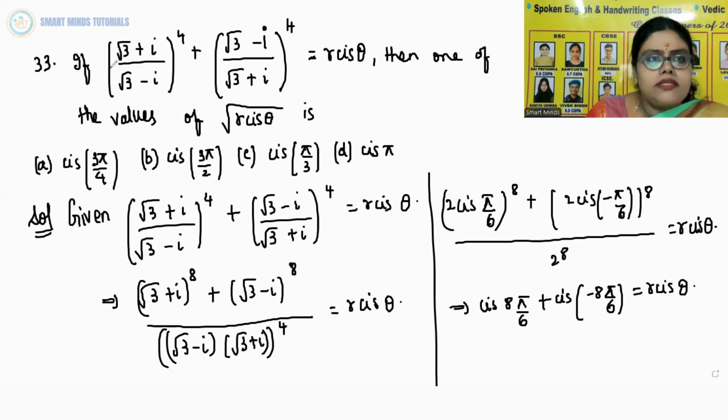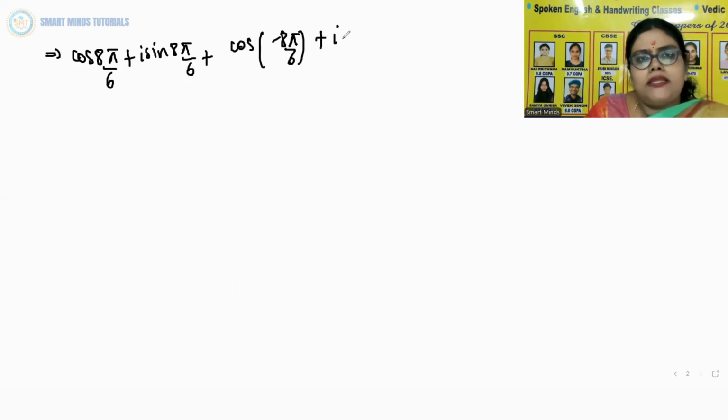So that is cos 8π/6 plus i sin 8π/6 plus cos (−8π/6) plus i sin (−8π/6) is equal to r cis θ.